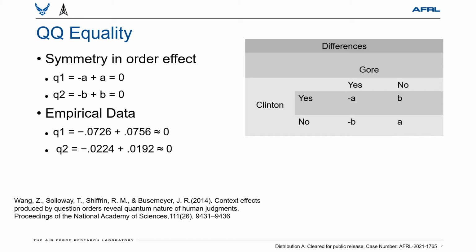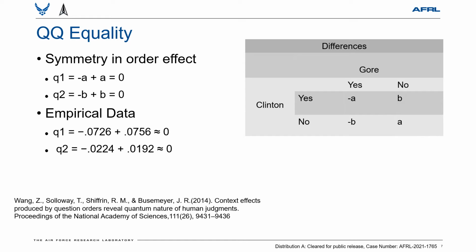A critical property of the quantum model is called the QQ equality, which imposes a symmetrical relationship on the pattern of order effects. The difference table on the right-hand side illustrates the QQ equality. The first Q value is found by summing the diagonal elements, which equals 0.